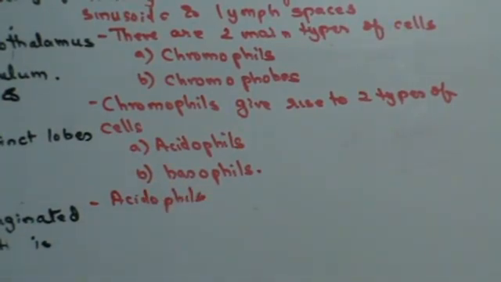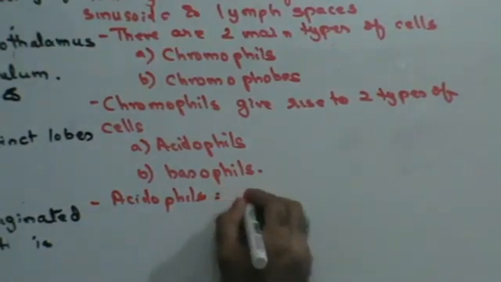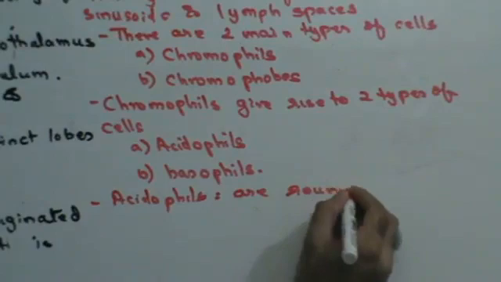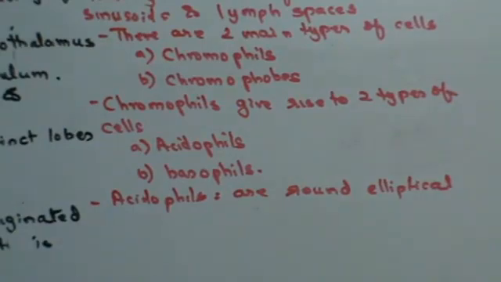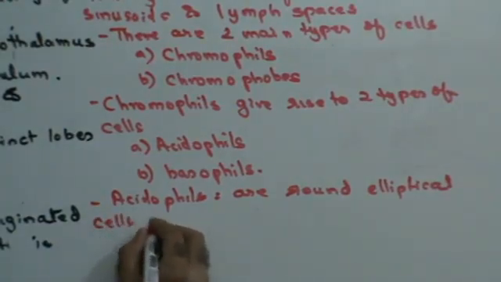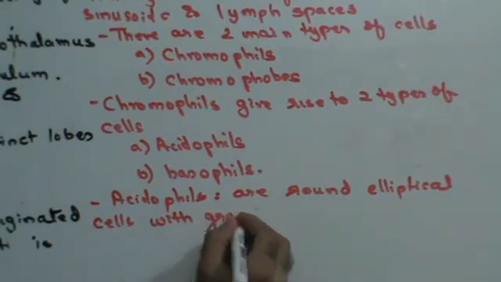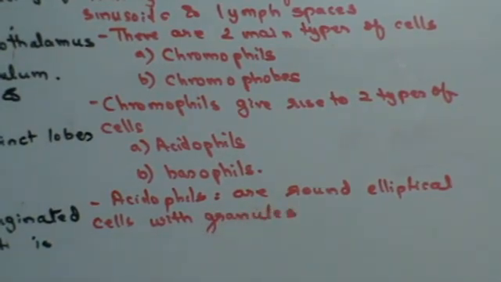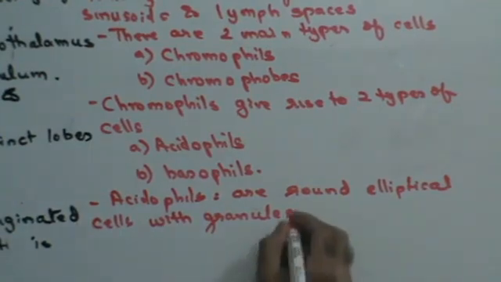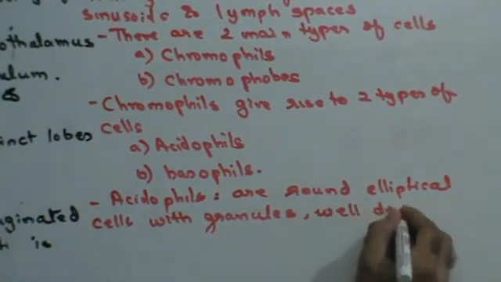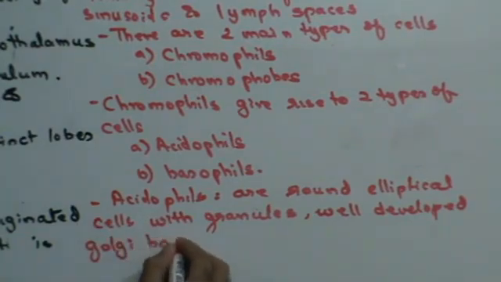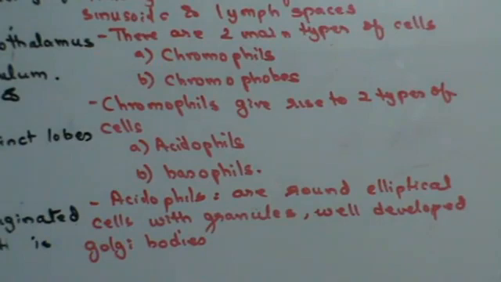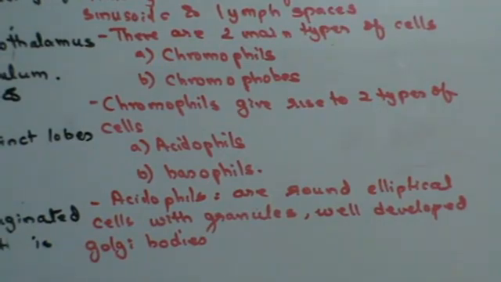Acidophils are round or elliptical cells with granules, well developed Golgi bodies, and small rod-like mitochondria.